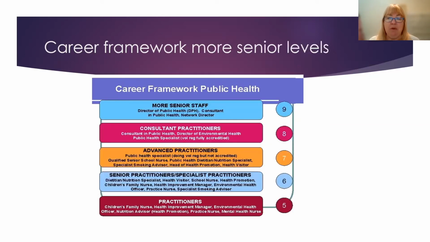The next levels, you've got the active practitioners. You probably know about some of these. They will be children's family nurses. They will run clinics, a practice nurse, a mental health nurse, an environmental health officer. They all work about the same level, and a health improvement manager.